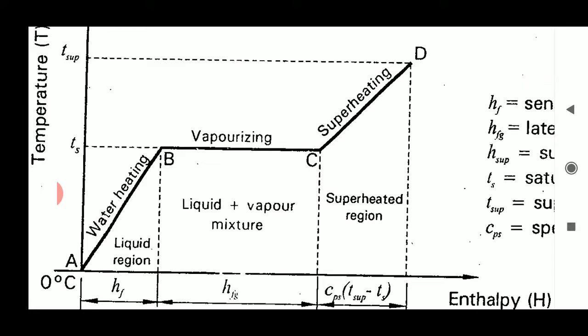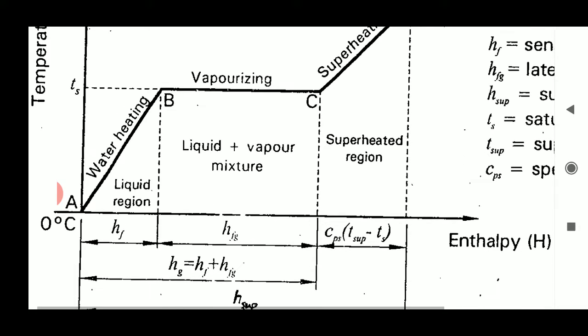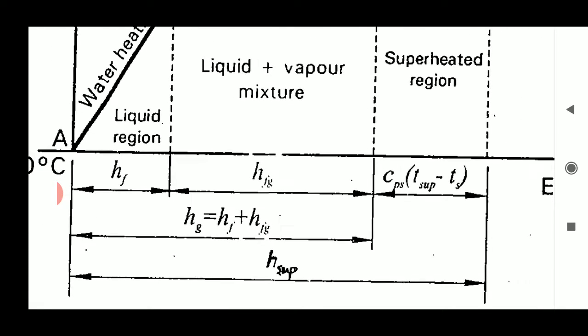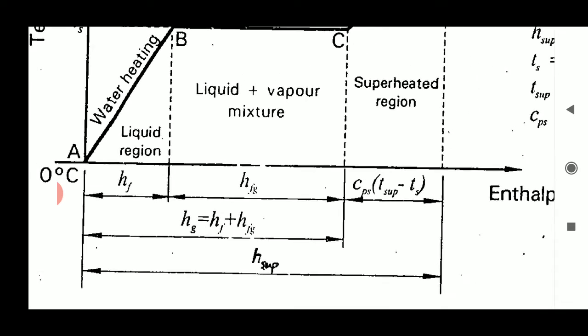All the water is converted into steam. So it is at point C. So the enthalpy is given by Hg, and Hg is given by HF plus HFG. So that is the total enthalpy.